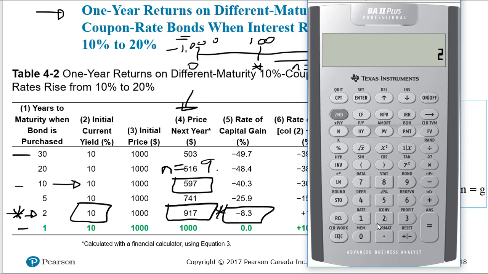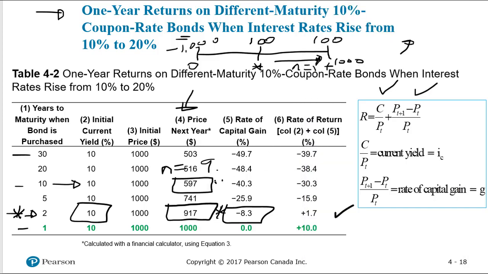The yield has gone up to 20 for I/Y. The payment is still that 100 payment, and the future value is 1,000. And if we compute the present value, the price, it's 596.90, which is 597.